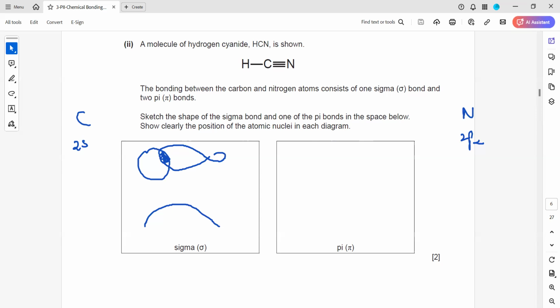If I'm representing the orbital overlapping, the maximum probability is near the nitrogen, and this represents the carbon. So both ways are acceptable here: either overlapping of the orbitals or the electron density cloud.